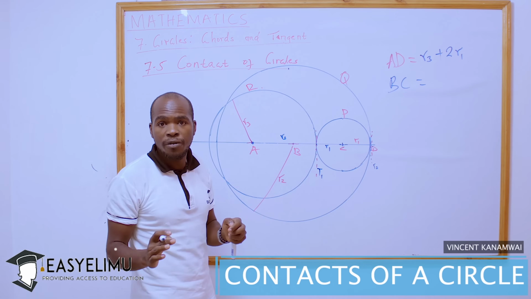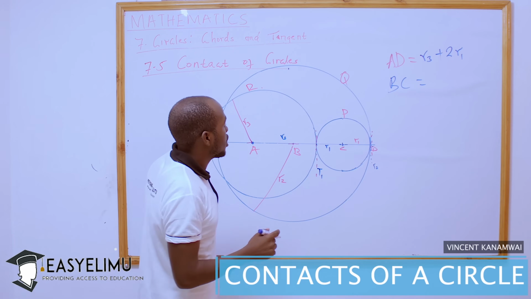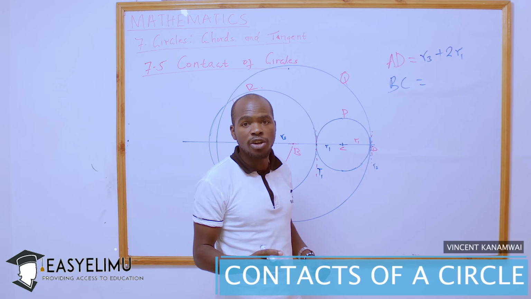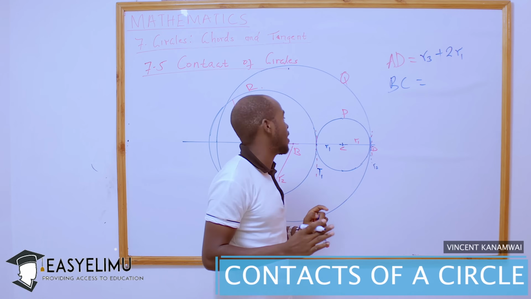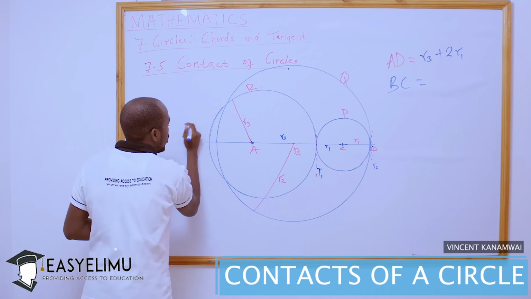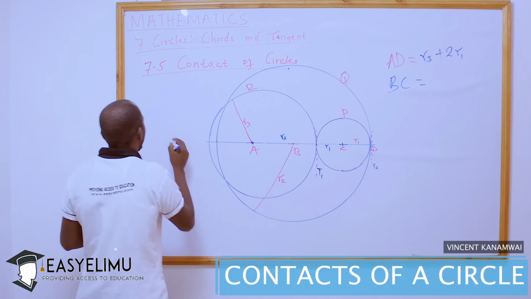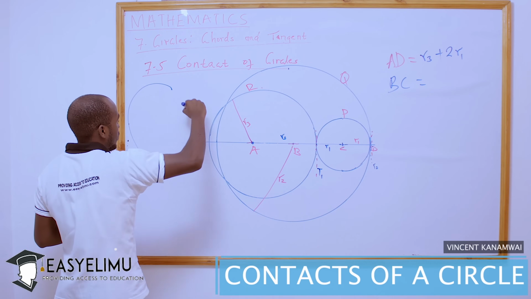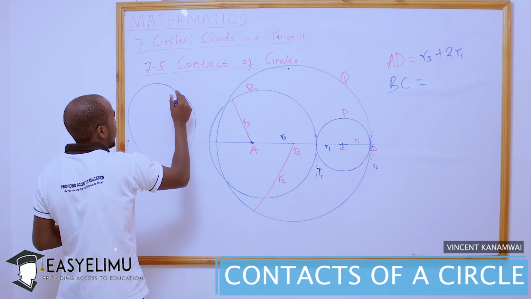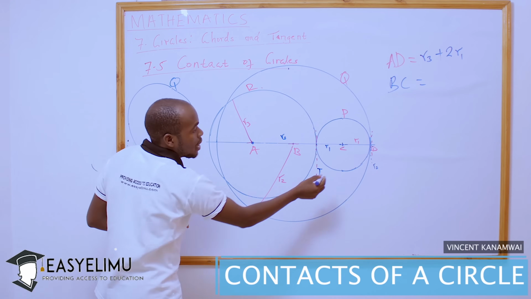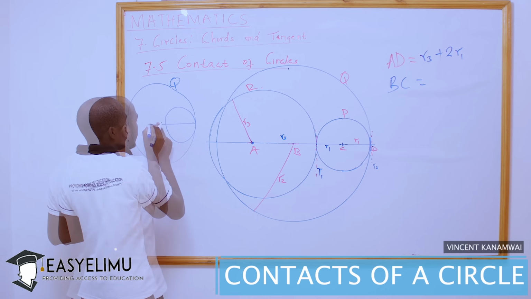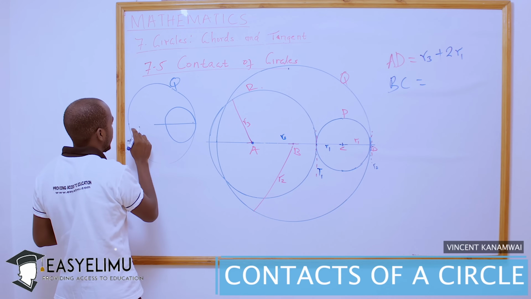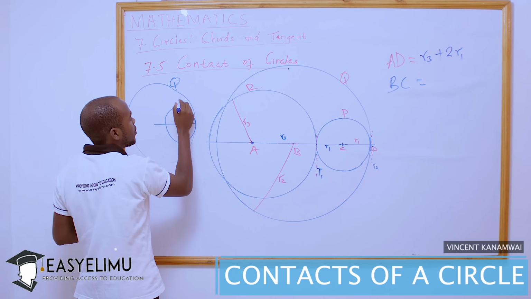Let me just extract it for you to view it very well. I'll extract it, not to scale, to make it smaller so that you will understand it better. So I'm going to extract the larger circle Q in this manner, and then the smaller circle as circle P.